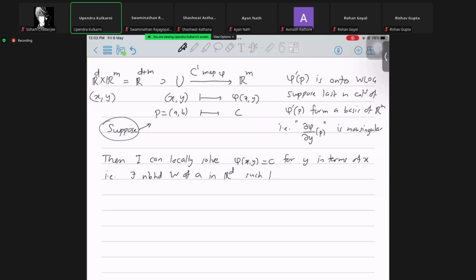And a map, sorry, such that I can solve. So I need to make a name for the solution, such that the image of this map gives me the solution for y in terms of x.